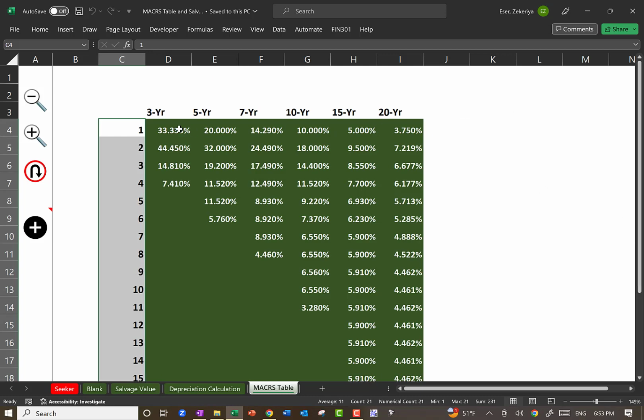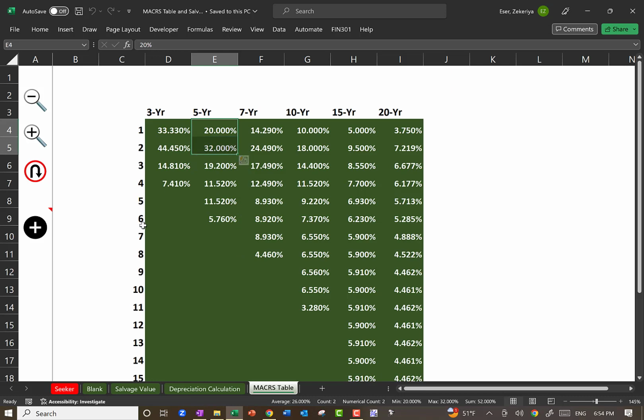But what's important is, straight line would have written off only 66.66% in 2 years, right? But MACRS writes off 77.76%.